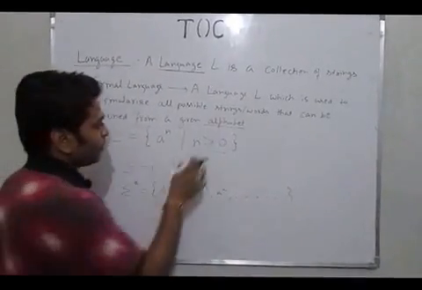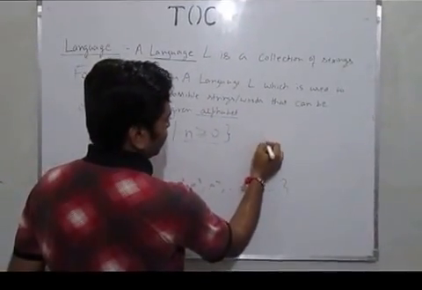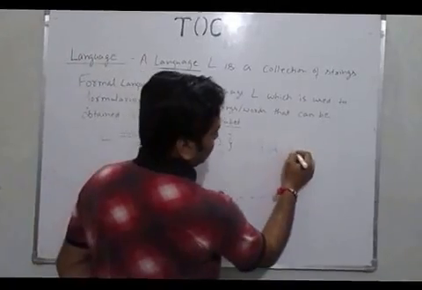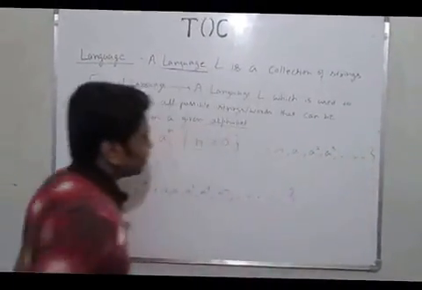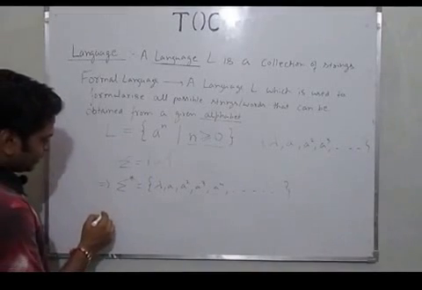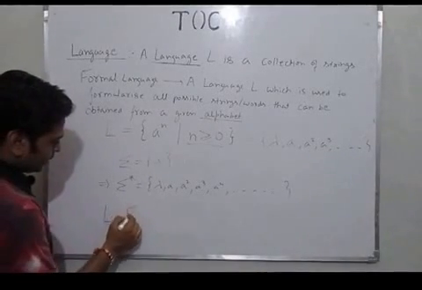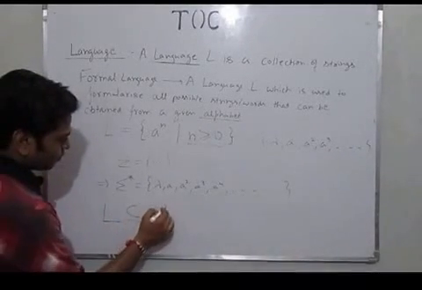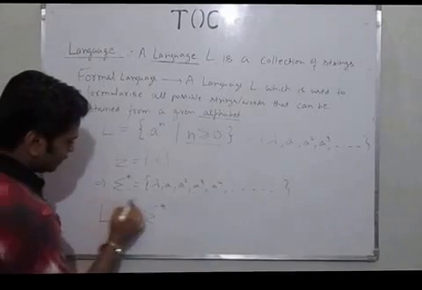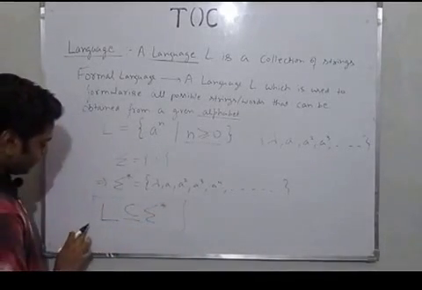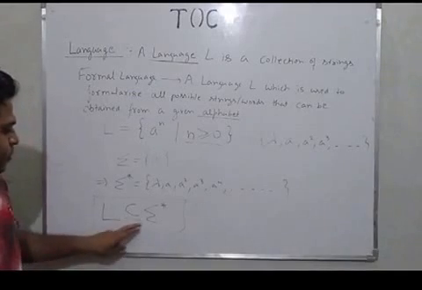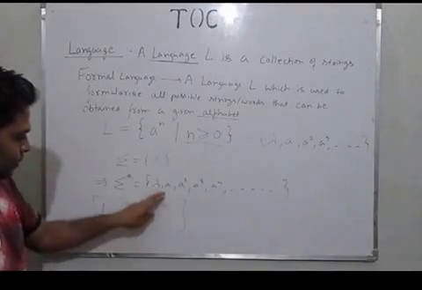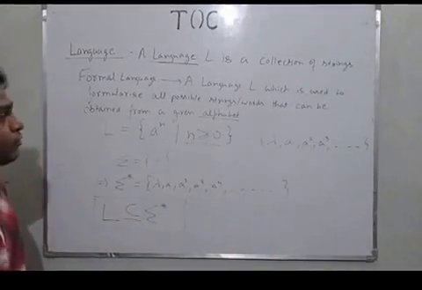And we have seen right here also that we are obtaining lambda, a, a square, a cube, and so on. So I can say that L is a subset of this thing. Fine. It is a very important relation. L is a subset of the universal language. This is the important thing that we have to remember.